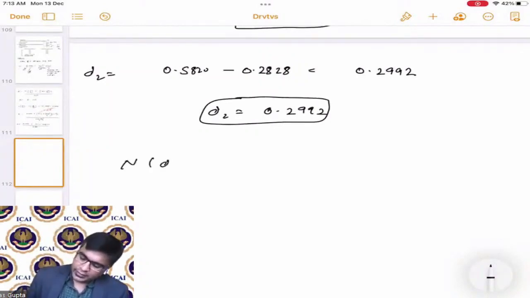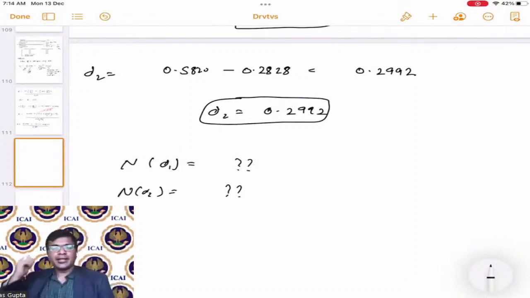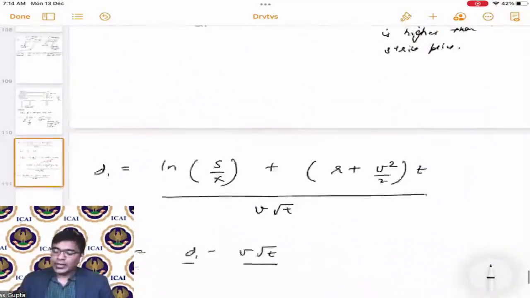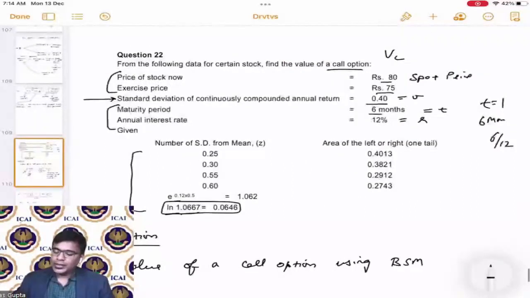Now, as a next step, we have to calculate N(D1) and N(D2) and just apply them in the formula to get the result. Now, how to calculate N(D1) and N(D2)? In this question itself, we are given the number of standard deviations from the mean and the area to the left or right, which is one tail.